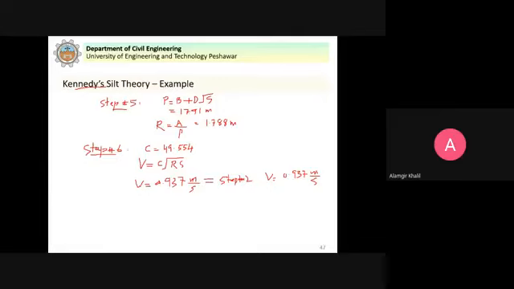So now it means that the actual mean velocity is equal to the critical velocity, that is non-silting and non-scouring. So the condition required, that is fulfilled. So it means that no further trial is required. So the solution terminates and then you can write down that the bottom width of the channel is 12.77 meter.